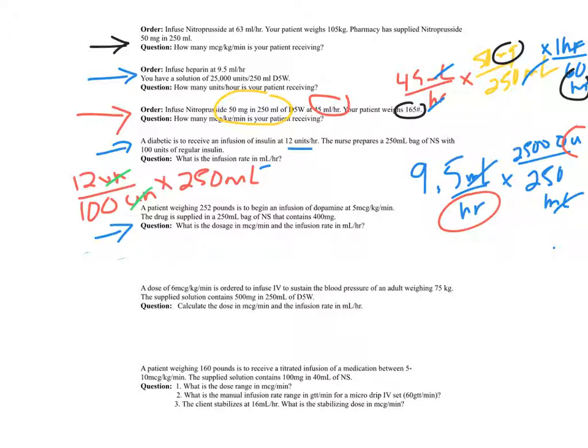So 252 pounds divided by 2.2 is 114.5 kilograms, so I'm going to multiply by 114.5. Then I'll multiply by 60 because I want to know what it is in hours, not in minutes, and then convert that to milligrams, because right now it's currently in micrograms, so that I can put it into the D over H times Q formula.